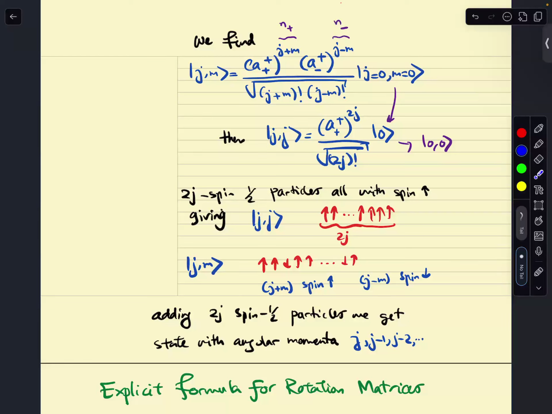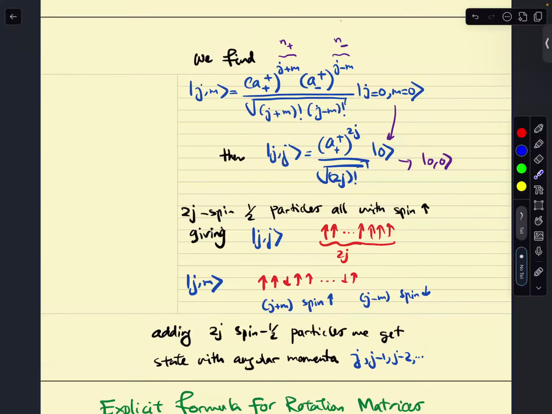M here tells you about how many extra ups you have compared to downs, the extra up minus down divided by 2. And when you consider such things, you can see that this could be J or J minus 1 or J minus 2, and so on and so forth. Good.